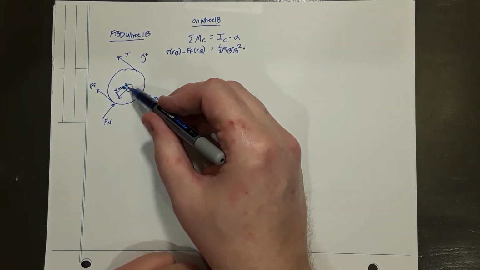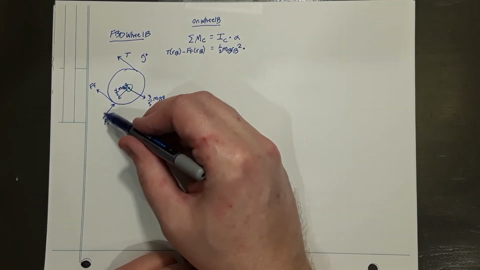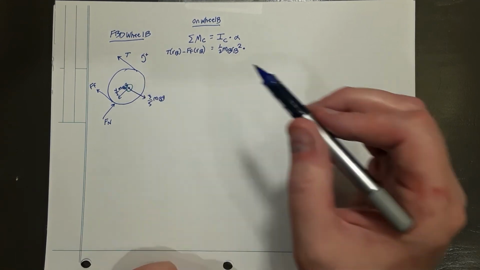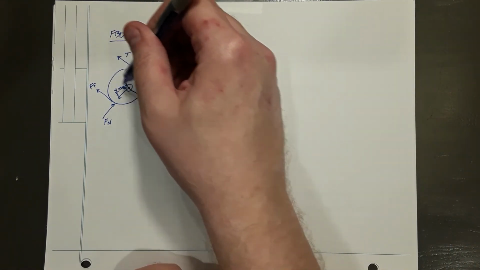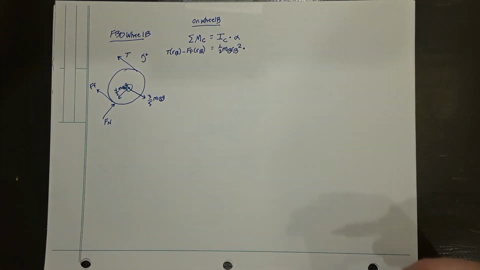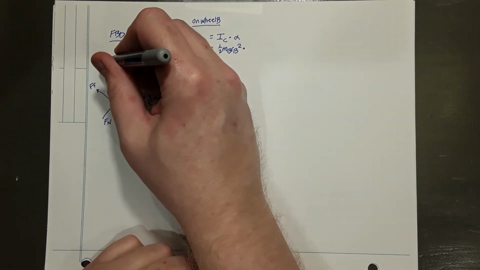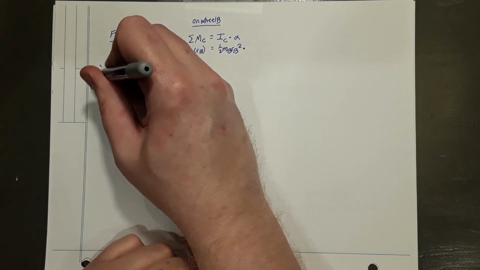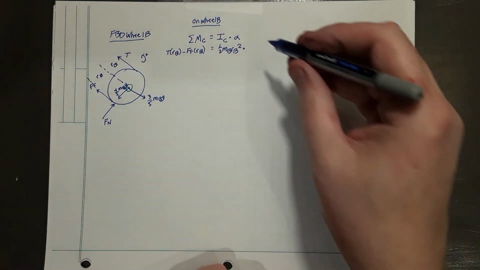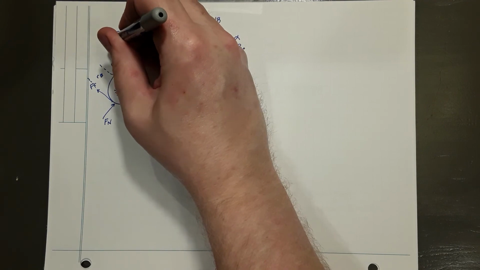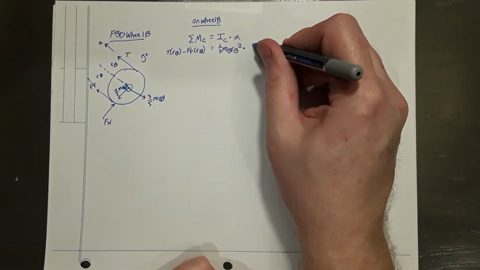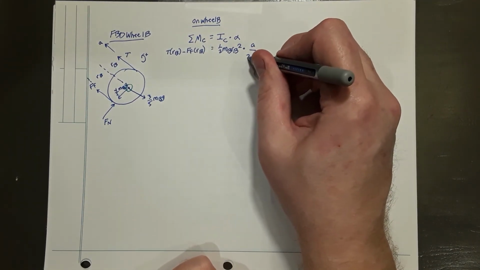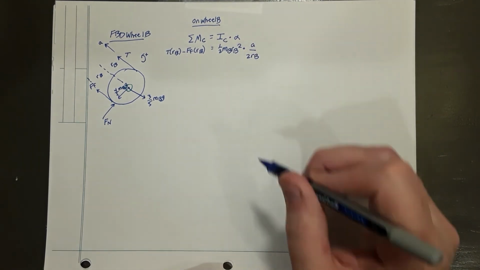And when we take moments around that centroid, notice the normal force and the 4/5 MBG components cancel out, as well as the 3/5 MBG. It has no distance to the axis of rotation. Angular acceleration, remember the edge of the wheel is traveling with acceleration A, so that'll be A over 2RB.